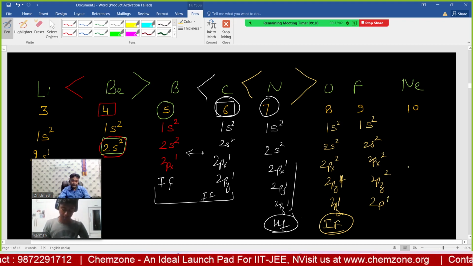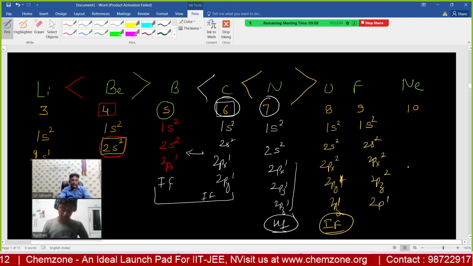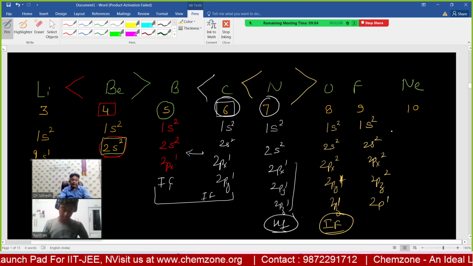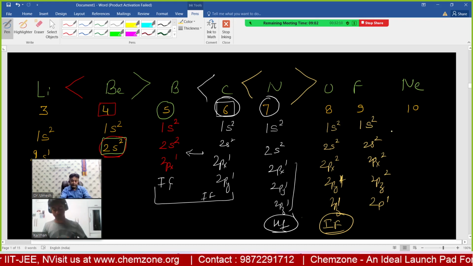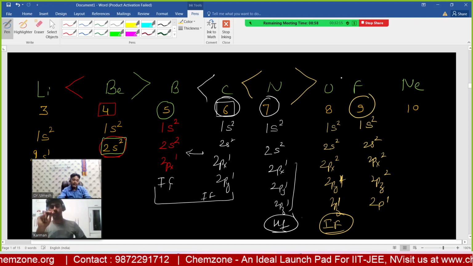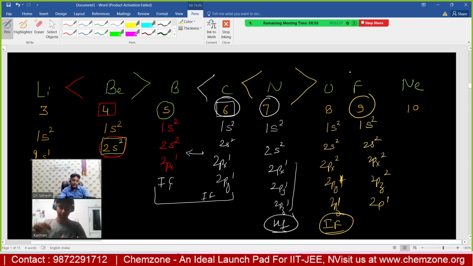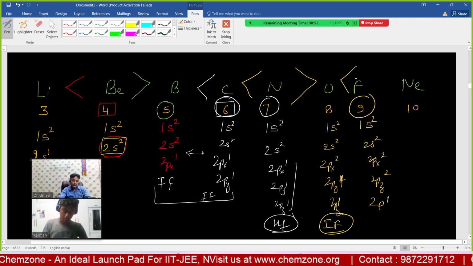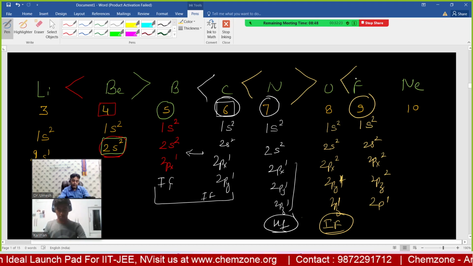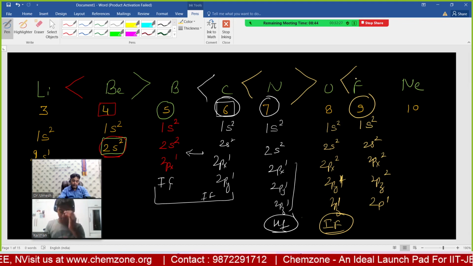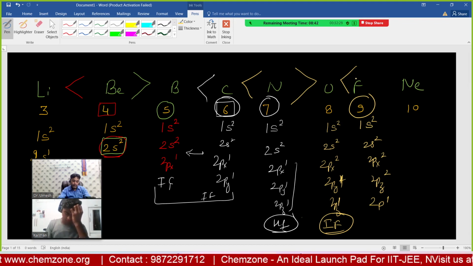If both are incompletely filled, then which other factor will you consider now? The nuclear charge. The more the nuclear charge, the more the enthalpy of ionization.